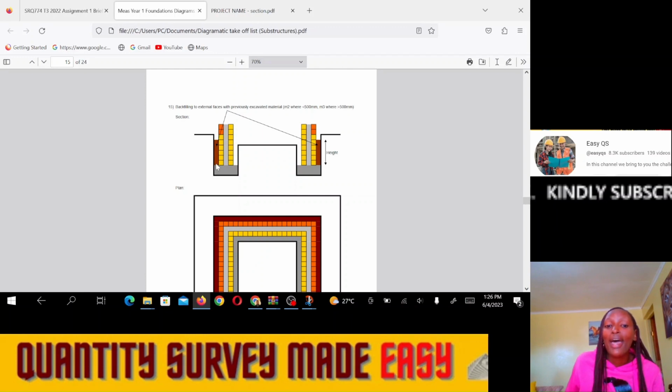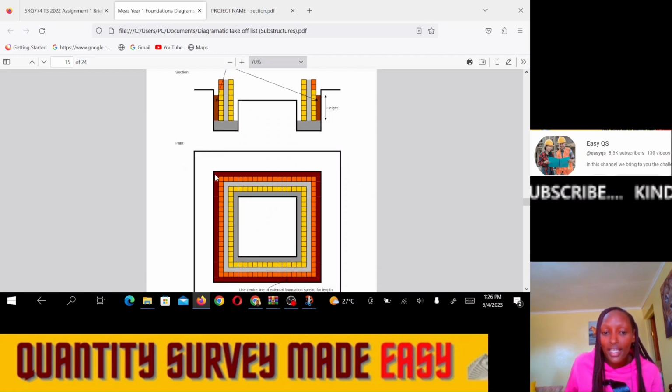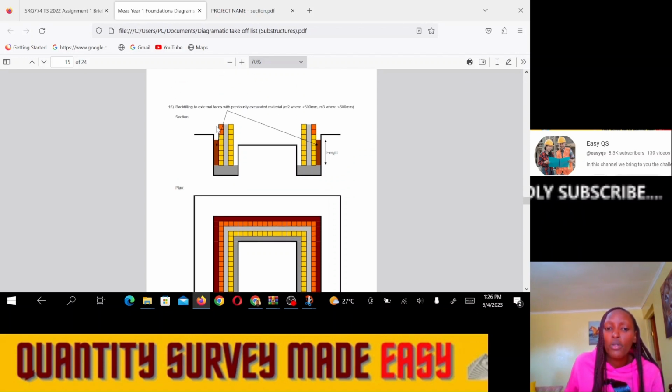So we shall take the center line of this backfilling. You see, in this case, it's represented by this maroon part. We shall find the center line of this maroon part, then multiply by the height up to the stripped level. Okay, we shall backfill up to the stripped level, because this other area should be replaced with topsoil.